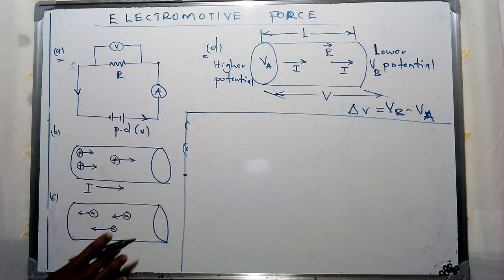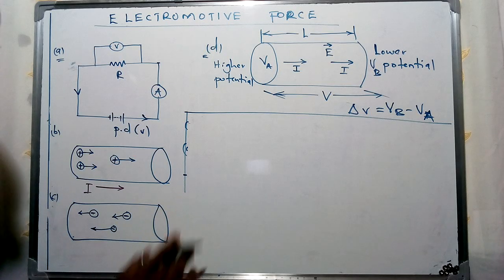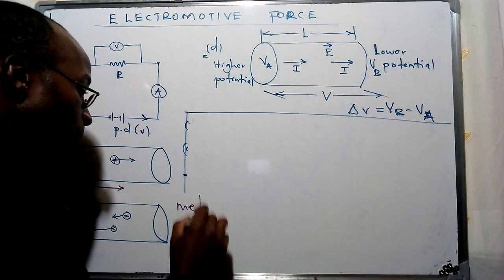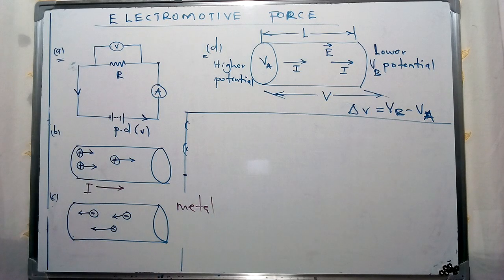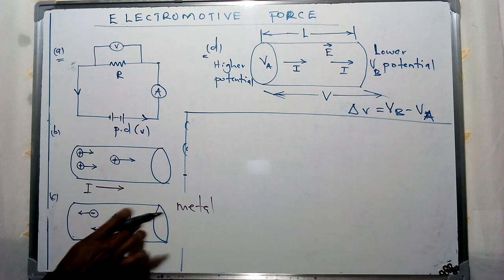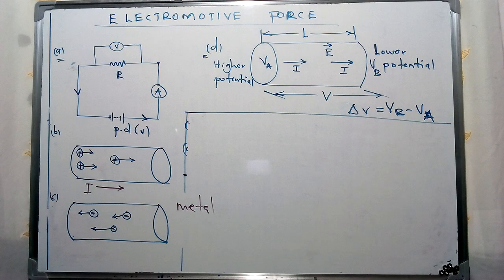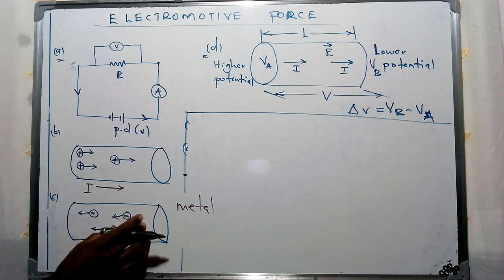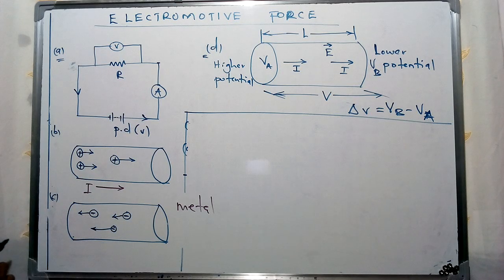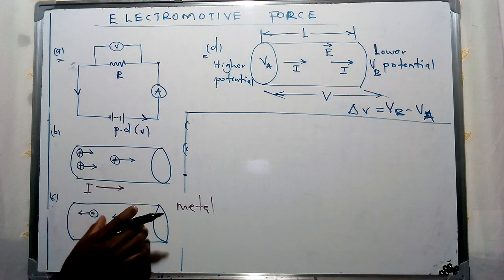But if you consider the second one, for instance specifically for metals, metals consist of electrons which move in a specific direction during the flow of current, and this motion of charges indicates the direction of flow of charges.